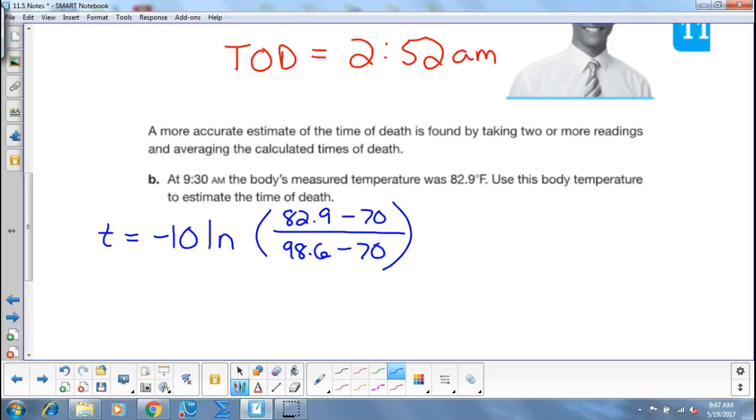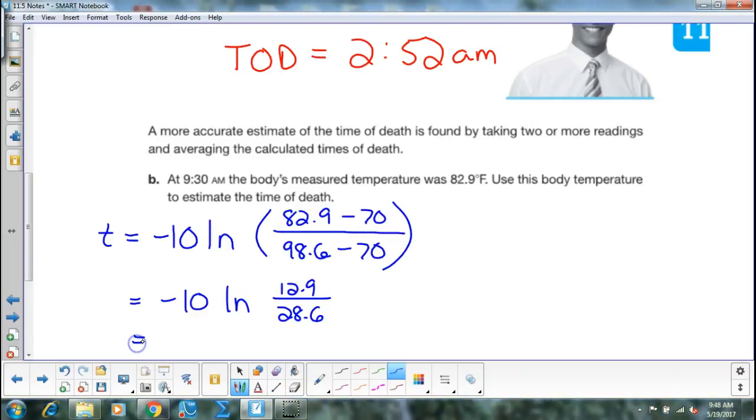So that's going to be negative 10 natural log of 12.9 divided by 28.6. Natural log of 12.9 divided by 28.6 gets me that times negative 10. So here, this would be 7.962.